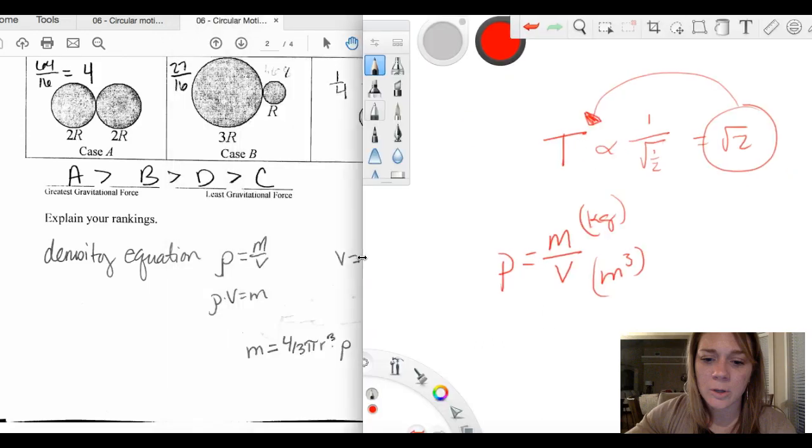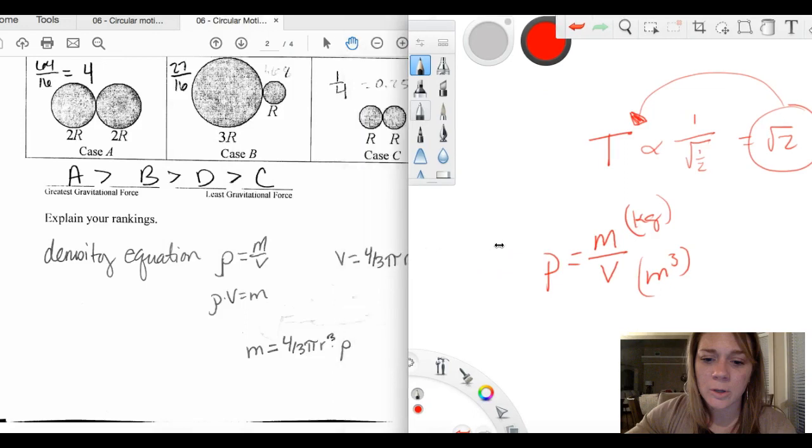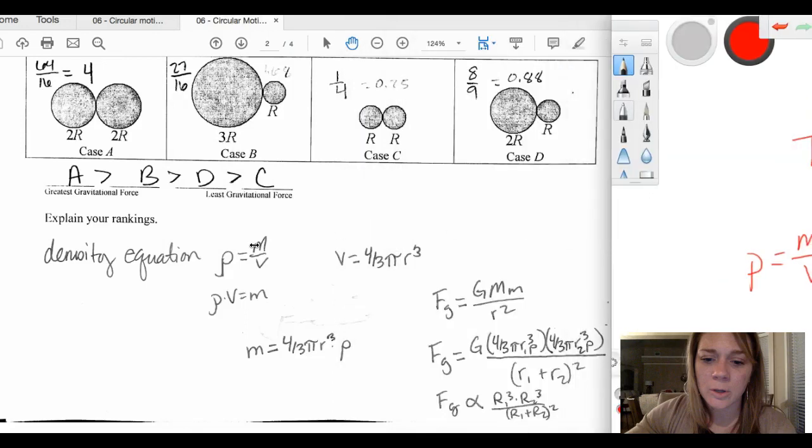So we start off with that density equation, and then we rearrange it to get it in terms of mass. And I also have an equation for volume. Volume is for a sphere, and it told us that all of these were spheres. This equation for volume is on the formula chart as well. The volume is 4/3 pi r cubed, and then the mass is equivalent to the density times the volume. Well, when I multiply the density times the volume, I get 4/3 pi r cubed times the density, and that is our mass.